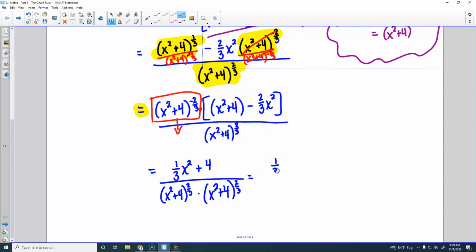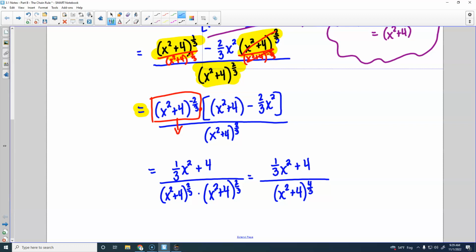That is going to give us 1/3 x squared plus 4 over, what do we get when we put those two together? X squared plus 4, what power? 4/3. We're going to just add those together. 2/3 and 2/3 will give us 4/3.